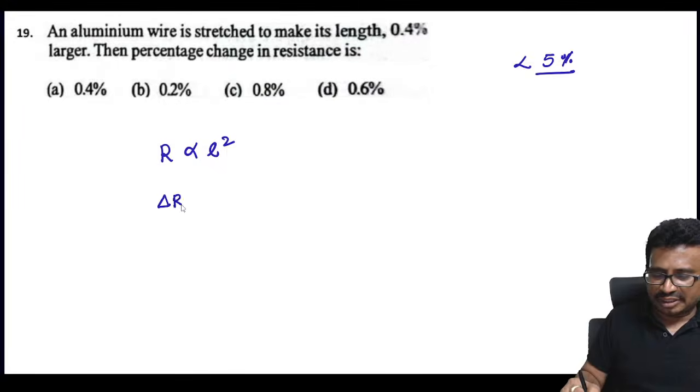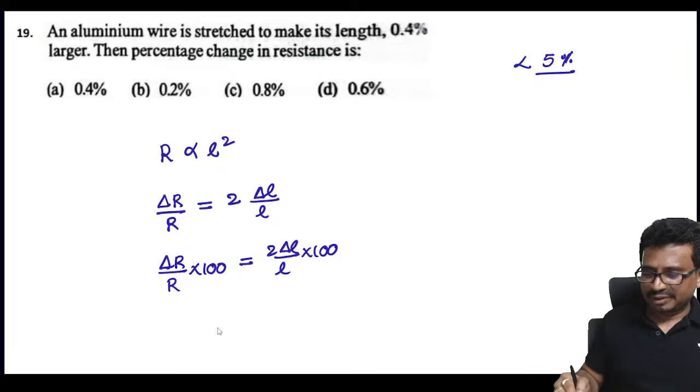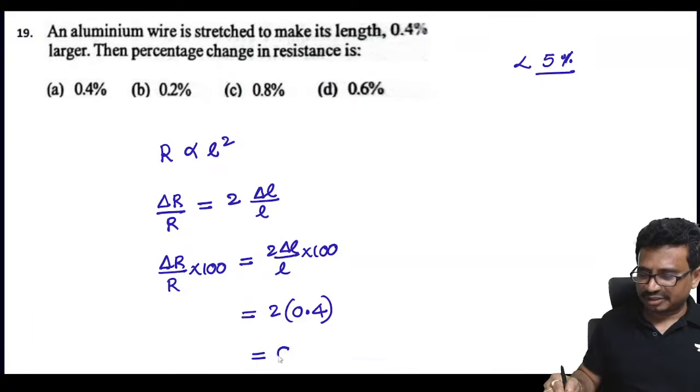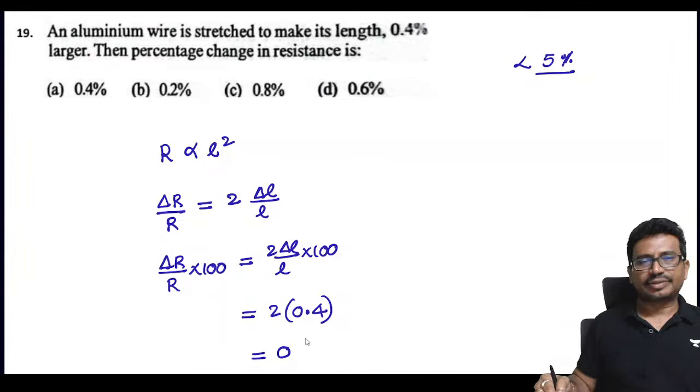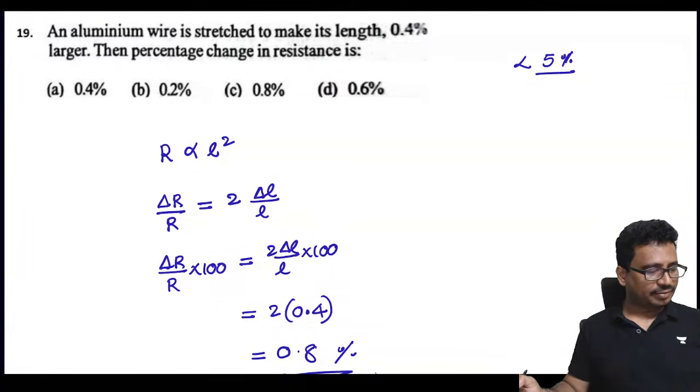Then we can write delta R by R, like a measurements concept, 2 into delta L by L. So delta R by R into 100 is equal to 2 into delta L by L into 100. This is the percentage, 2 into this value, less than 5%. Now we can apply this concept directly. So we directly apply. This is 0.8%. Okay.